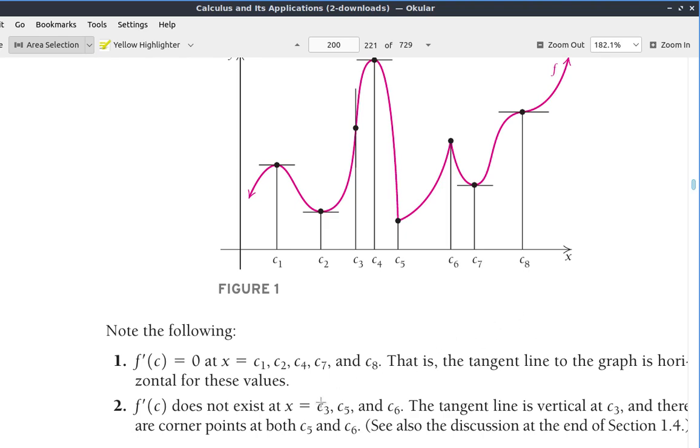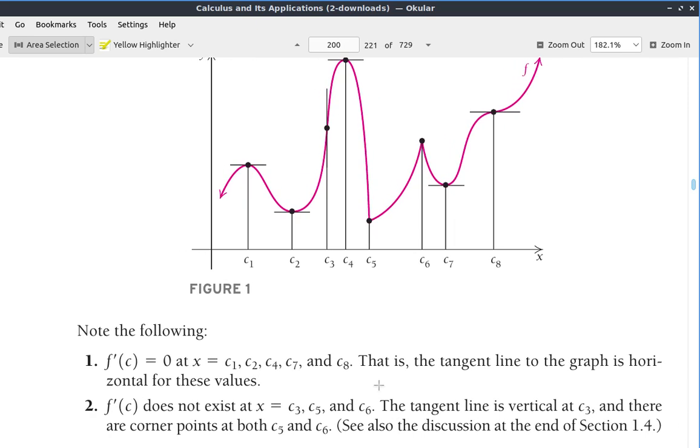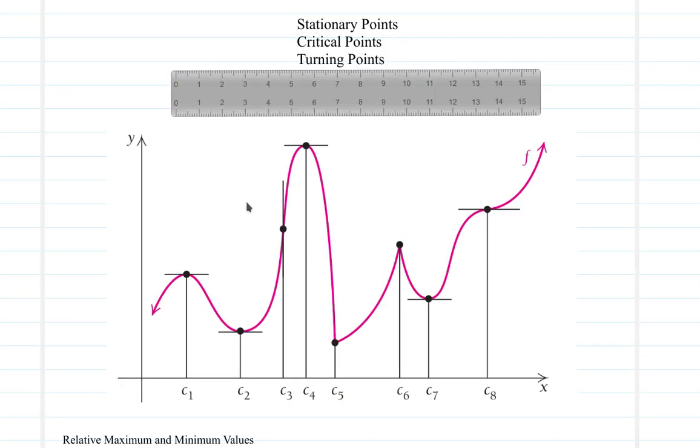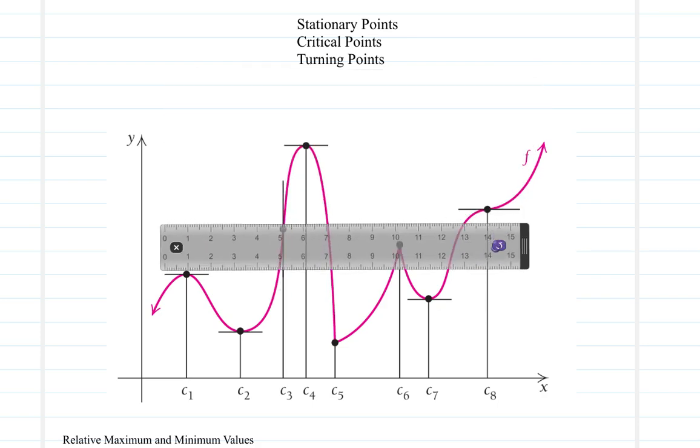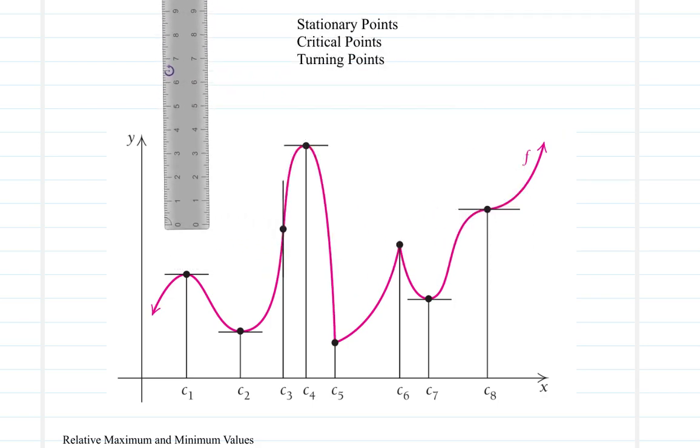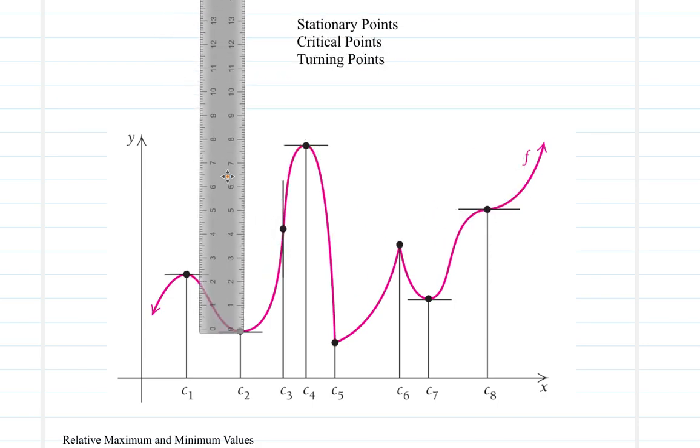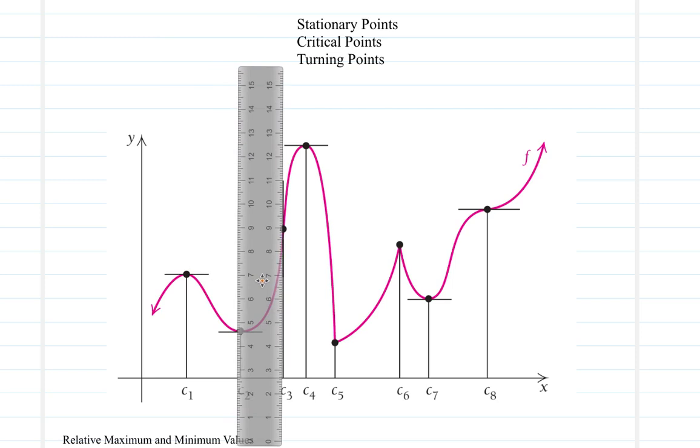Now, f prime of x does not exist at C3, C5, and C6. The tangent line is vertical at C3. You see at C3, the curve goes straight up. Right? If I should put the ruler there, it will go straight up.